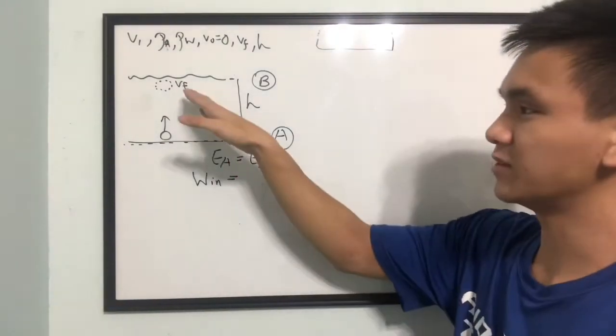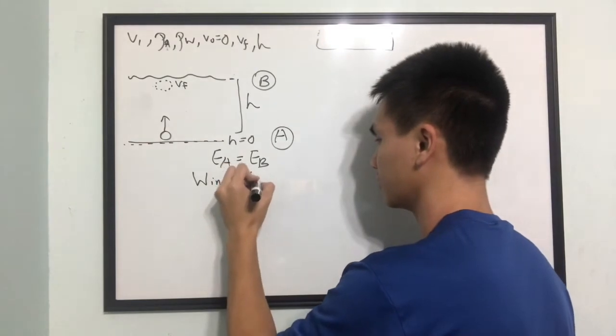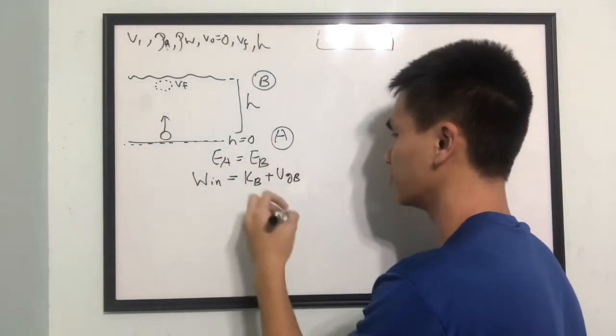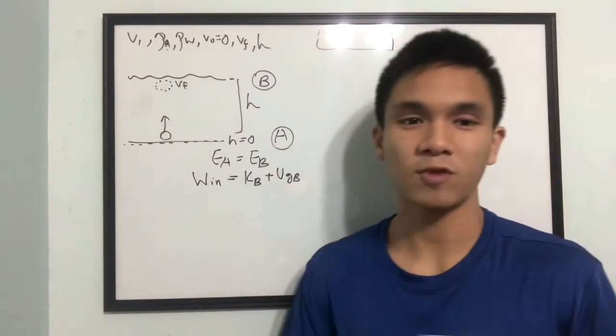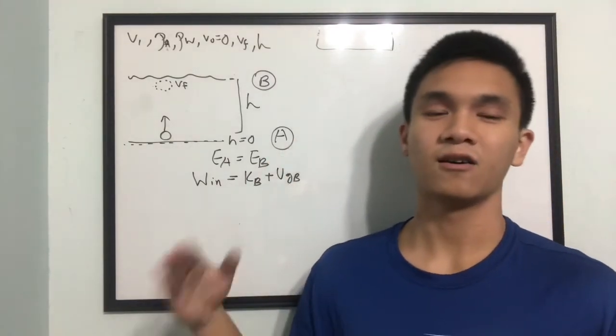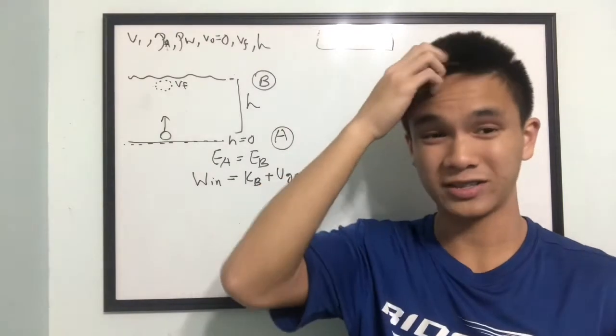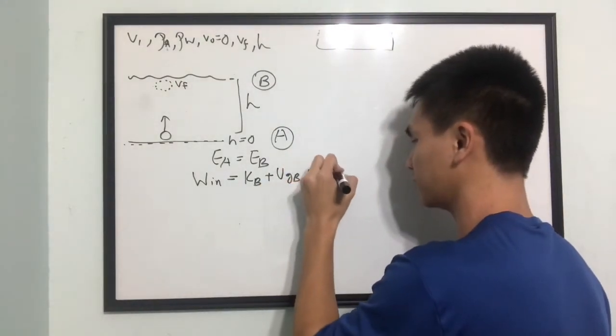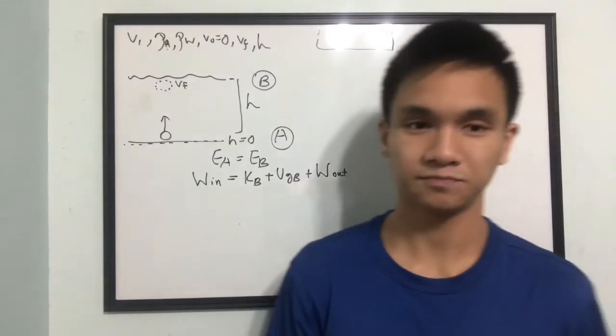And then energy at B. So now it's moving, so there's kinetic, and it's at a height, since we said our 0 point is the bottom. And also, since we're deriving an expression for the dissipative forces, which take mechanical energy away from the system, we're going to say there's some work out, right? Due to some drag force.